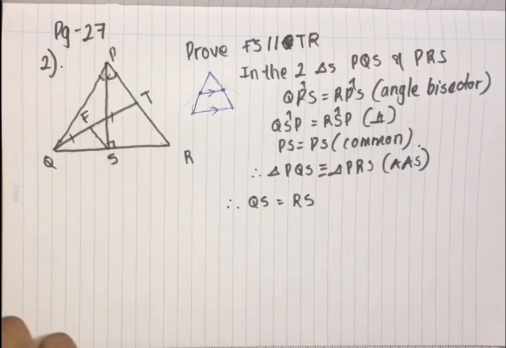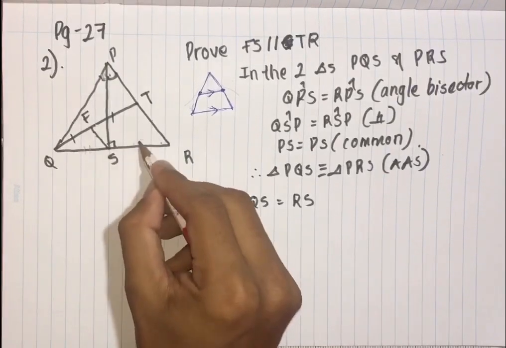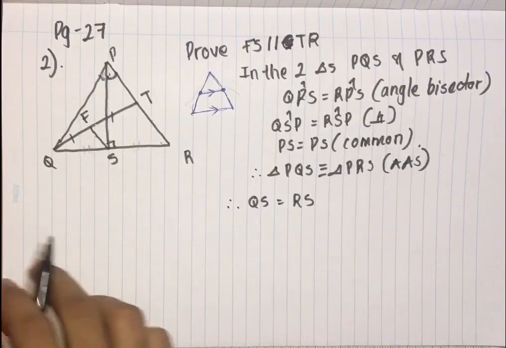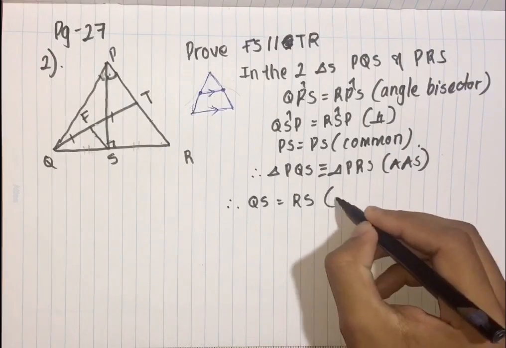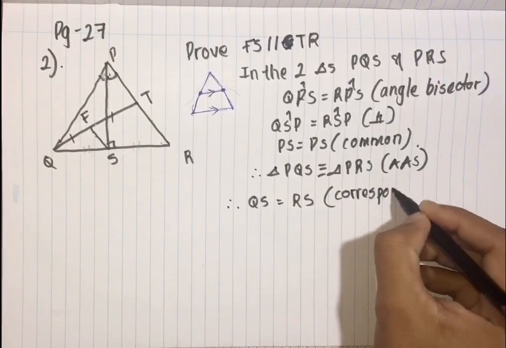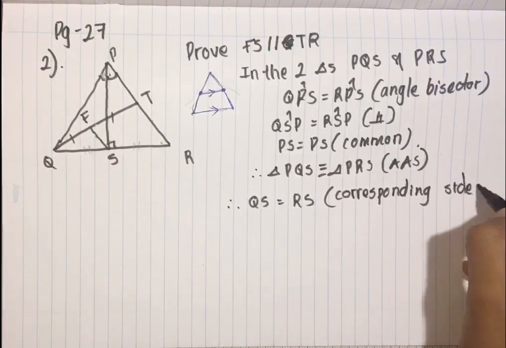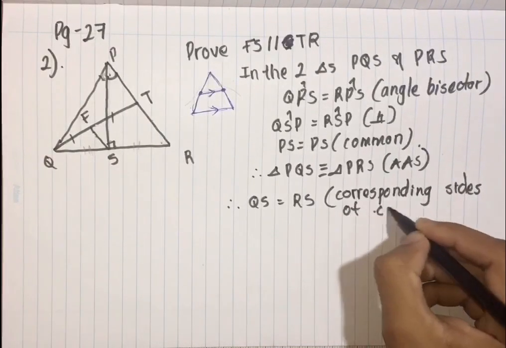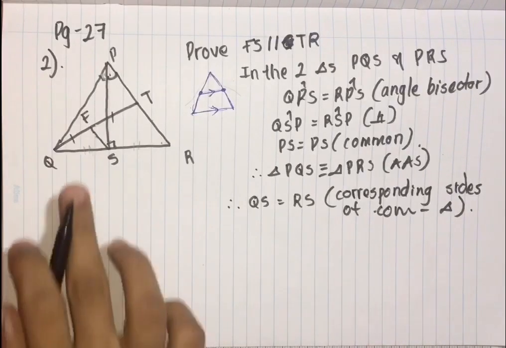I am going to say that these two lengths are equal. Why? Already I have proved congruency, therefore their corresponding sides and angles should be the same. Therefore you can say the reason: corresponding sides of congruent triangles.